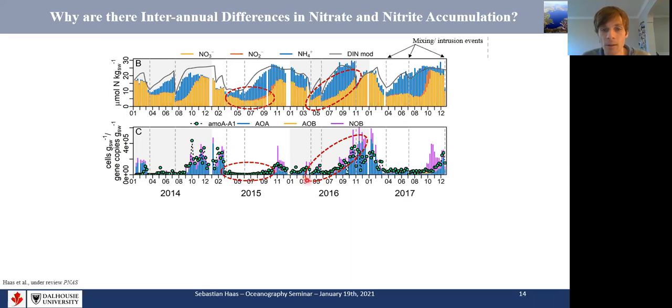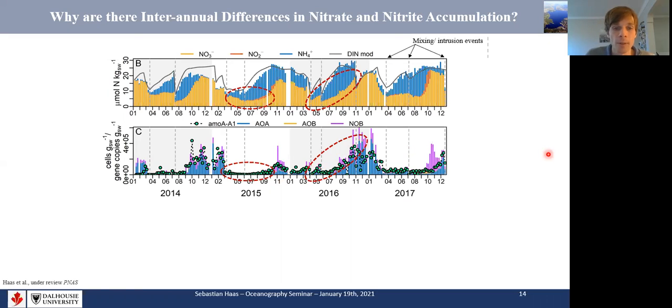And interestingly, we also see the same interannual differences as to nitrate, where in 2015 MOA doesn't increase for a very long time following the winter mixing. And in 2016, we see an immediate increase in MOA here, the intrusion event, and then increase again afterwards.